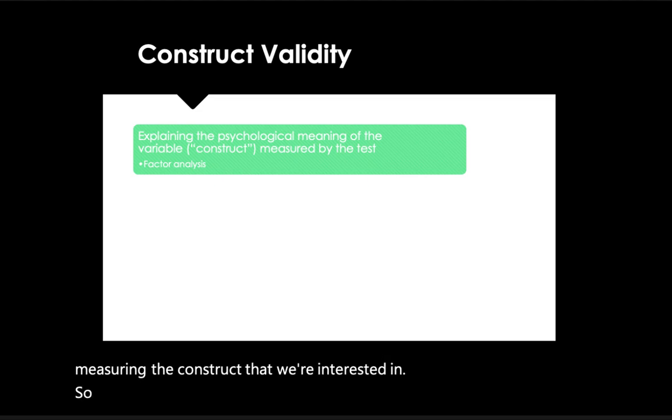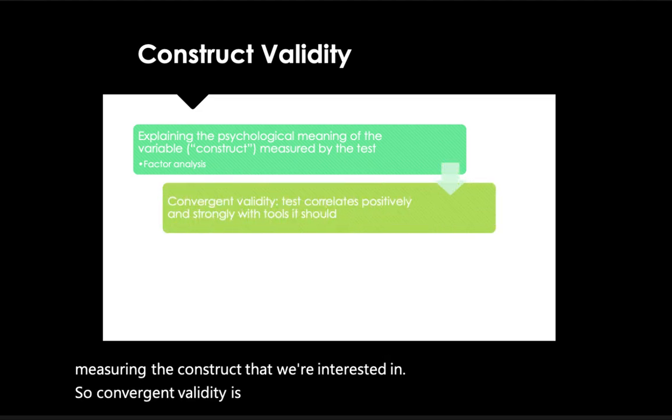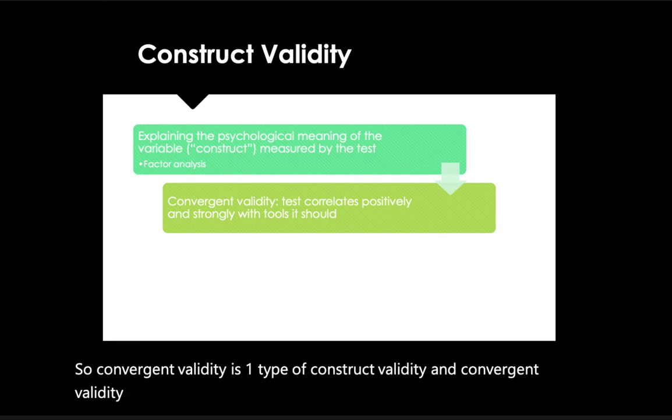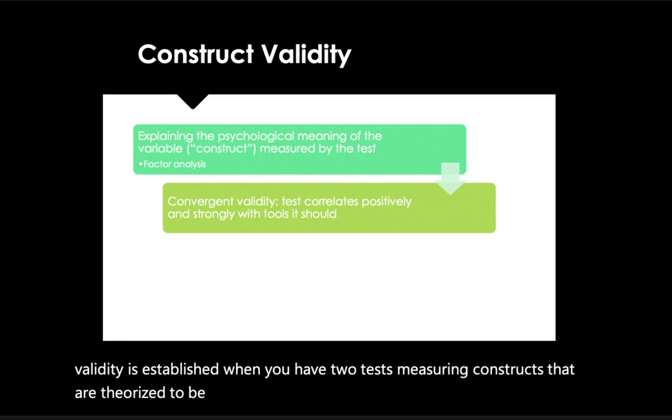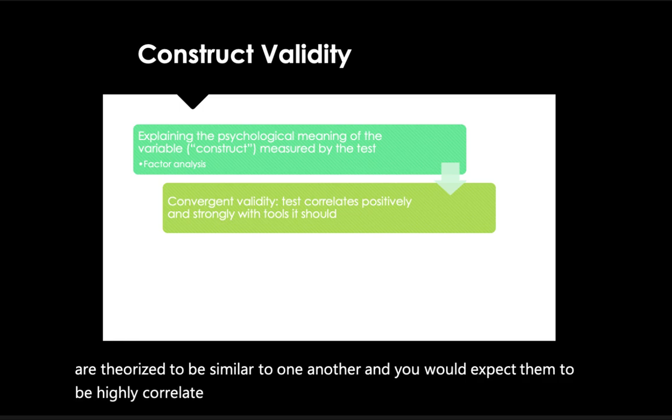Convergent validity is one type of construct validity. Convergent validity is established when you have two tests measuring constructs that are theorized to be similar to one another, and you would expect them to be highly correlated with one another. That would give us a form of convergent validity.